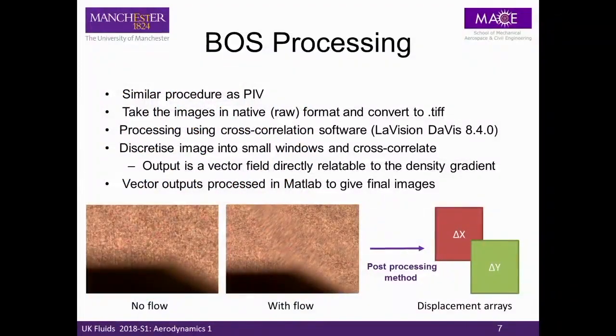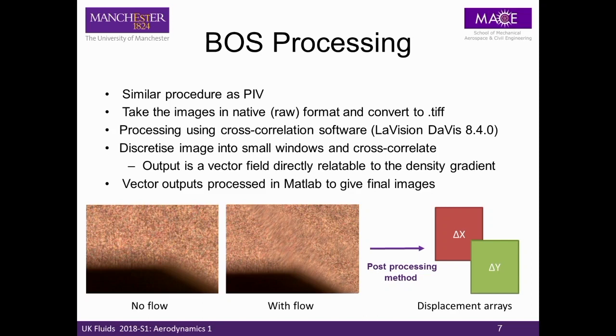In a little bit more detail, those of you who've done PIV experiments might be familiar with the idea of cross-correlation. That's effectively what we're doing here. You're doing a PIV of Schlieren, if you think about it in those terms. So we obtain our images in native format, so we're trying to reduce any compression artifacts, because that will just make your images even noisier. We then process this using cross-correlation software.